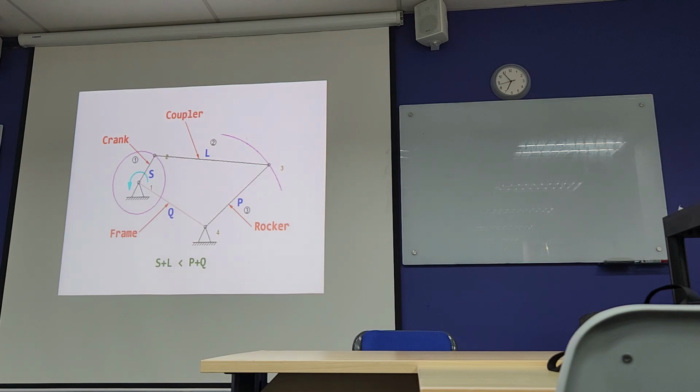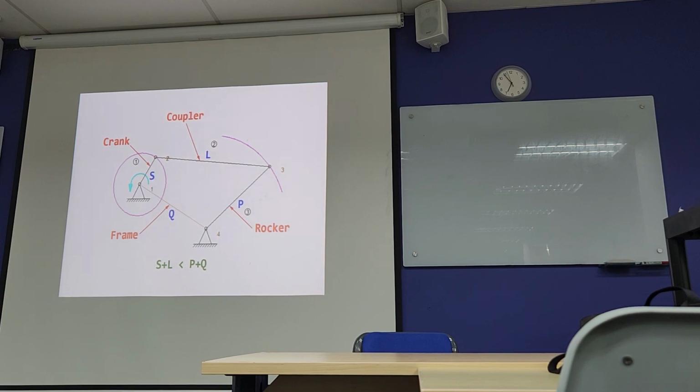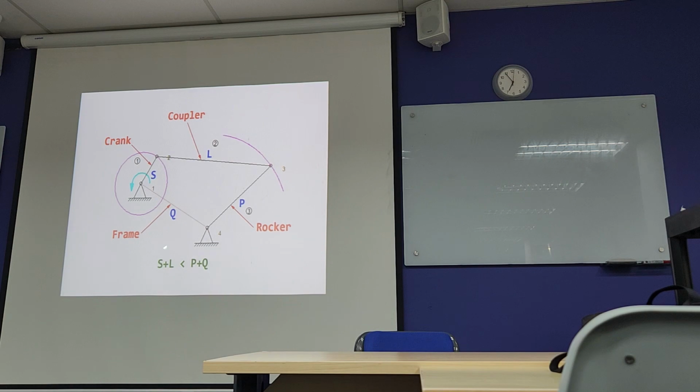When a mechanism consists of links, for the system to act as a mechanism there must be a complete rotation and the mechanism must have movement. Then the shortest length plus the longest length should be less than the length of the two remaining links. P and Q are in between the short and long.